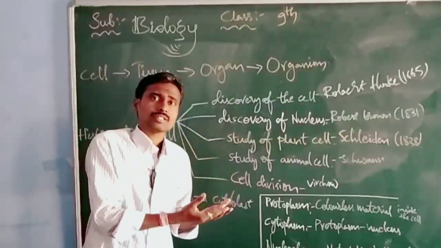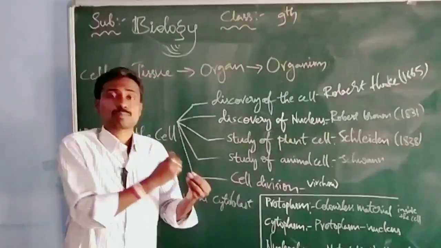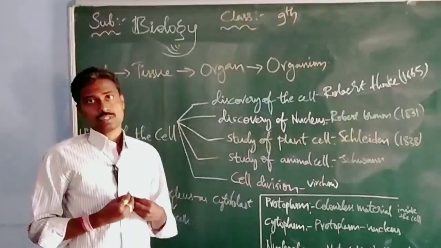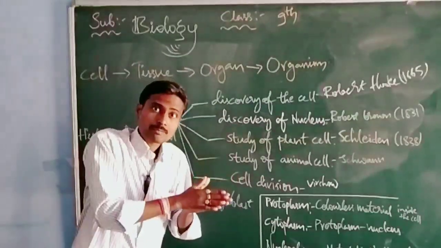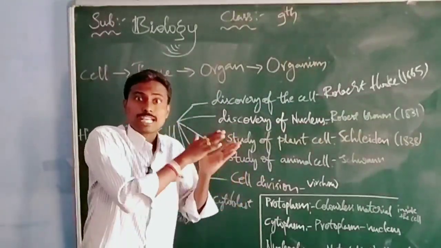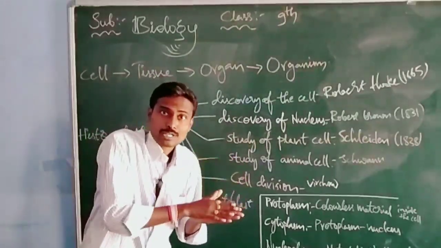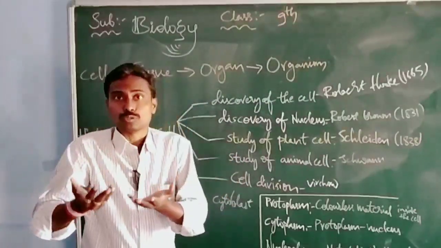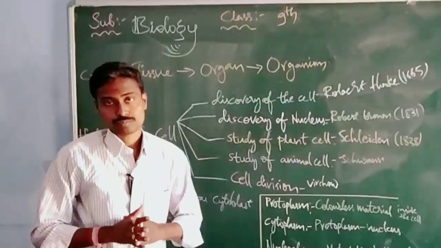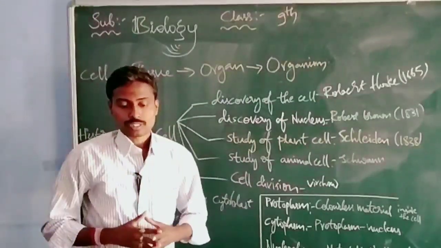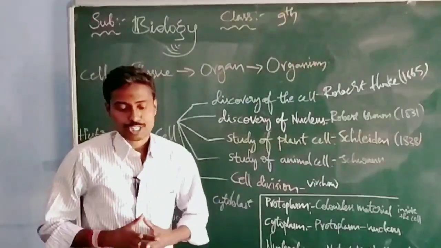So you can do an activity which explains diffusion, which explains osmosis. After listening to a particular experiment in the classroom, you are able to do that particular activity in the laboratory or in the classroom. So whenever you do so, that academic standard is achieved by you.